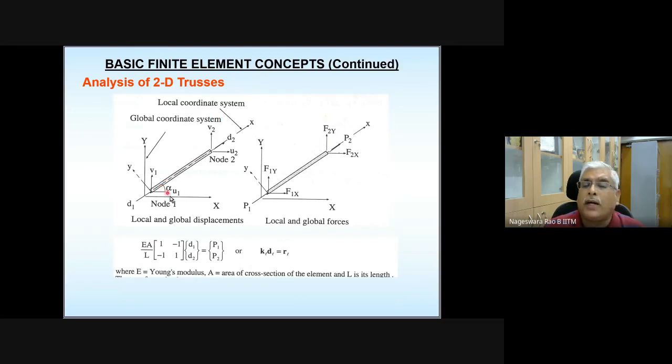If this is alpha, the angle between the x-axis and y-axis is 90 degrees. Then what is the angle between the local y-axis and global y-axis? Alpha, measured in the counterclockwise direction. So it's going to be minus sine alpha.